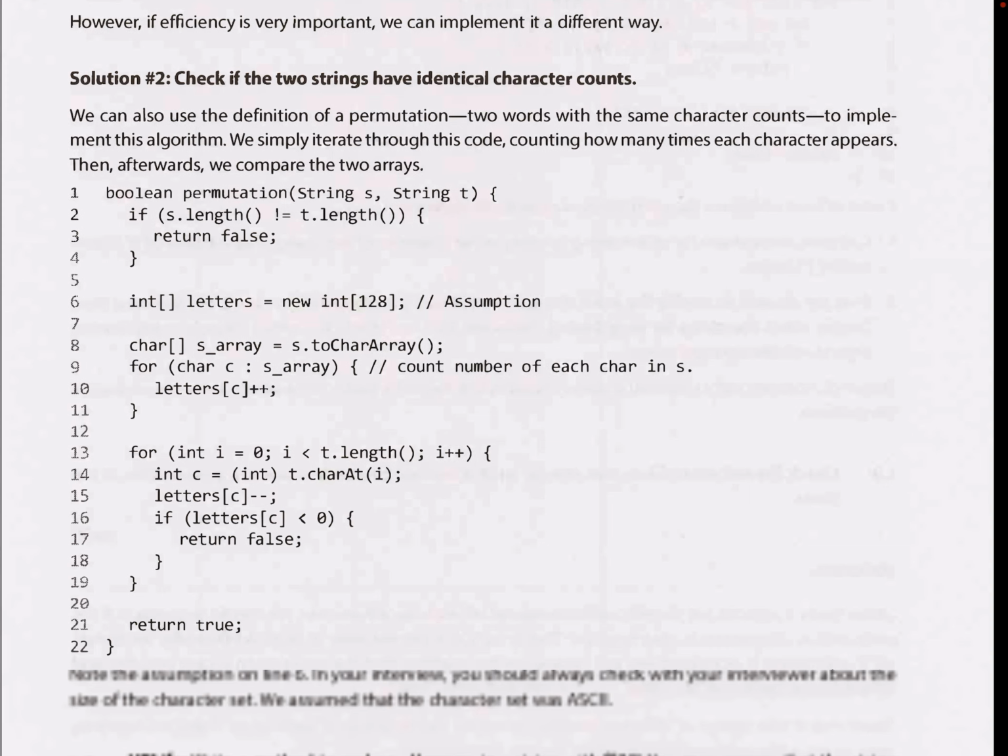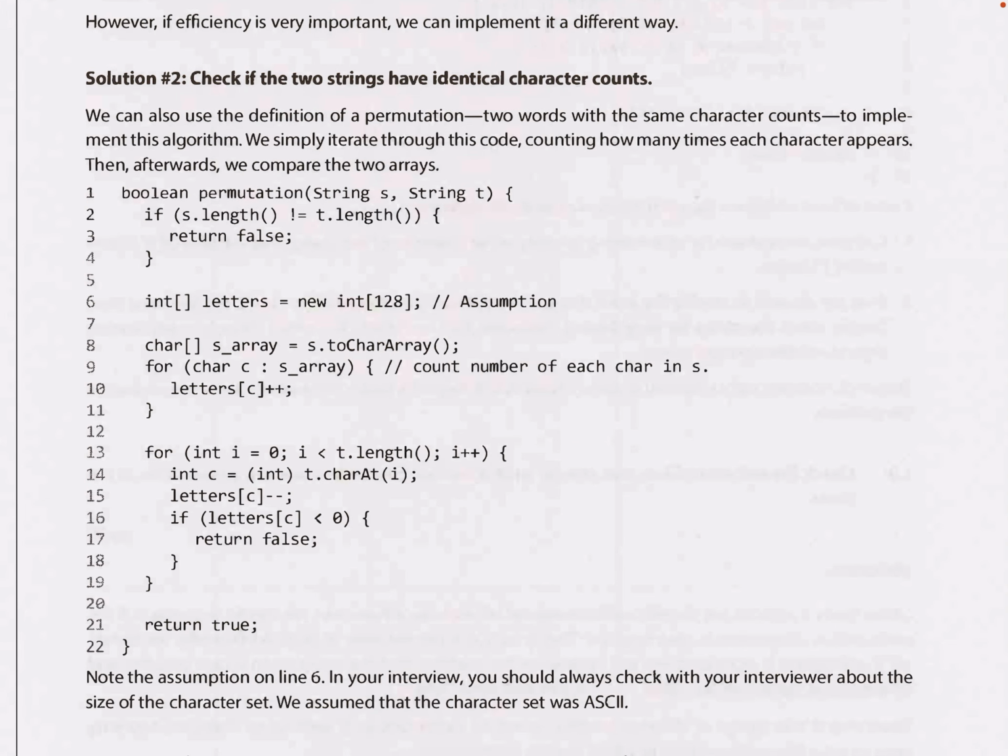Solution 2 is to iterate through, counting how many times each character appears. And afterwards, we compare the 2 arrays. So yeah, this one is just a frequency table.